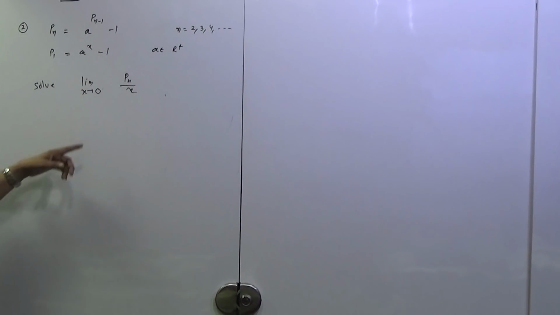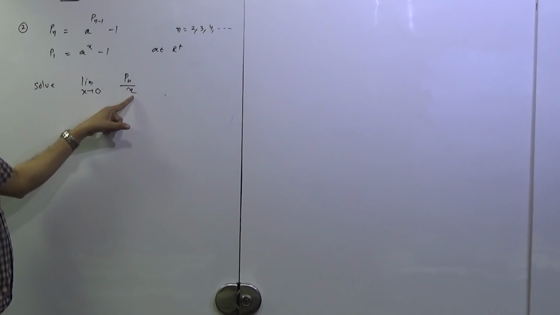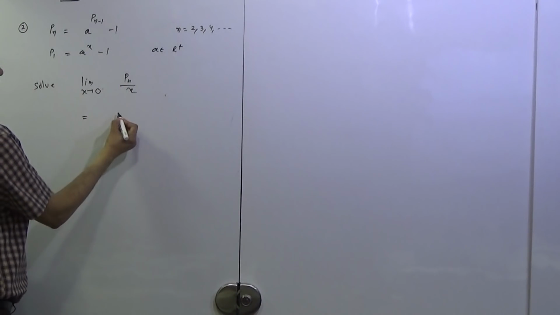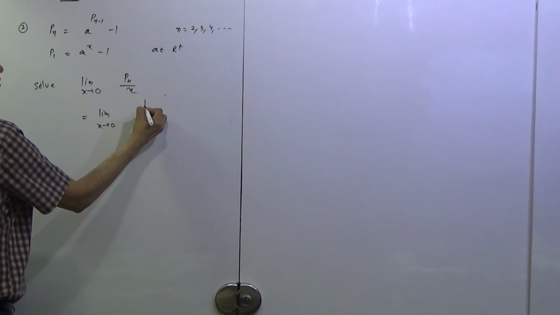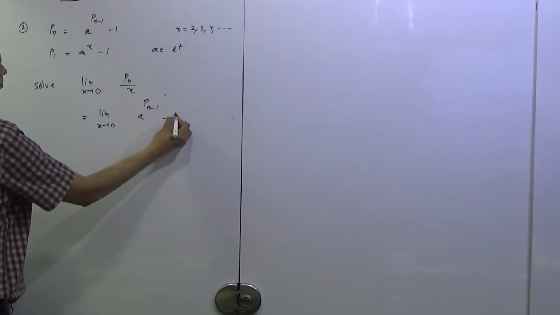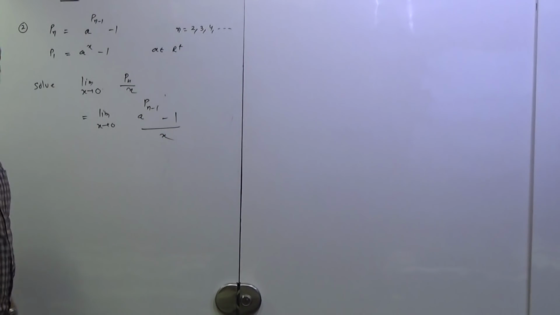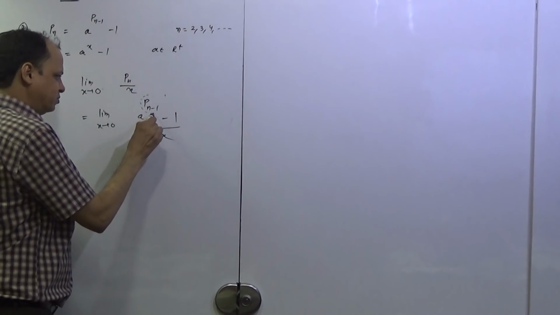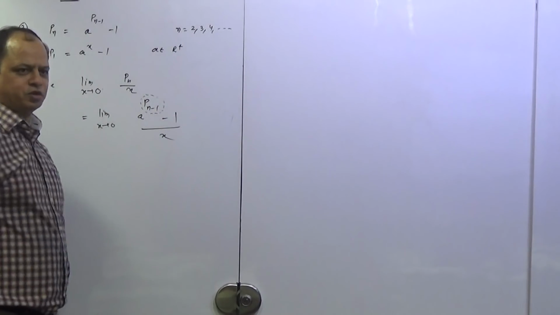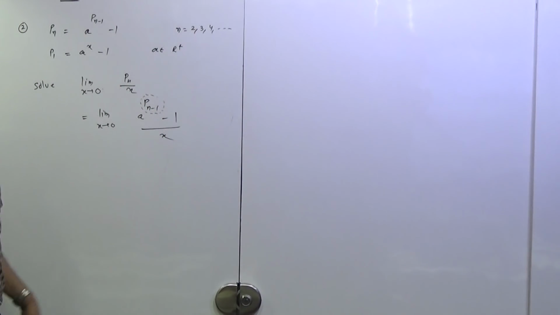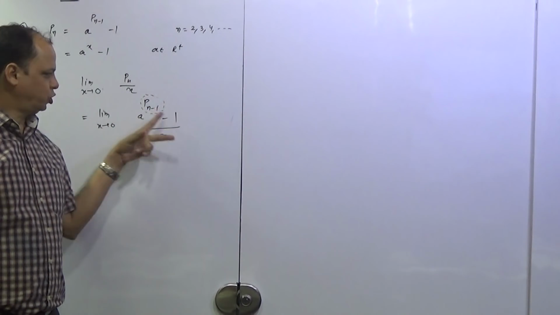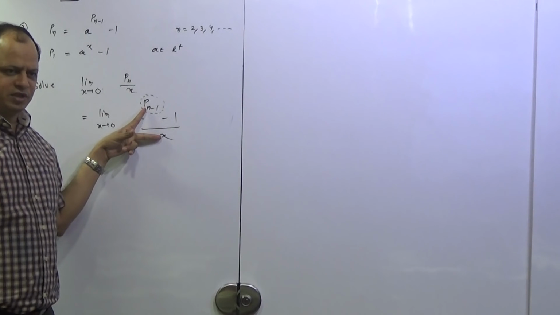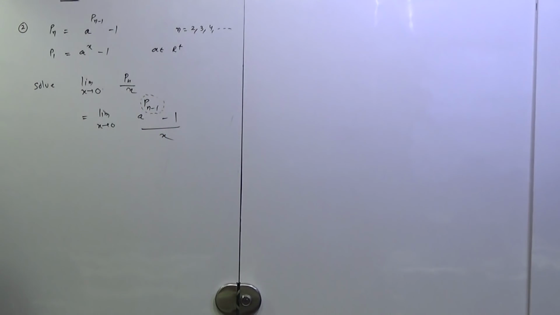When you are finding Pn upon x, you are exactly writing the limit x tending to 0 of (a raised to power p(n minus 1) minus 1) divided by x. If I can prove that this part, which I am putting a circle around, is approaching towards 0, then I will multiply and divide by p(n minus 1) so that this becomes a standard limit. Now I have to look at p(n minus 1).